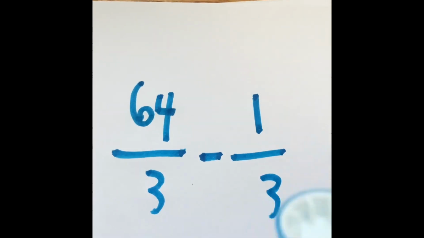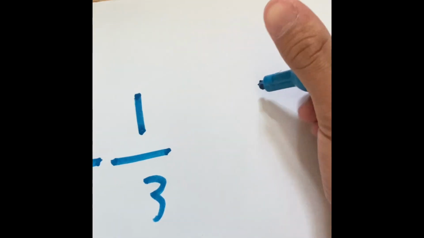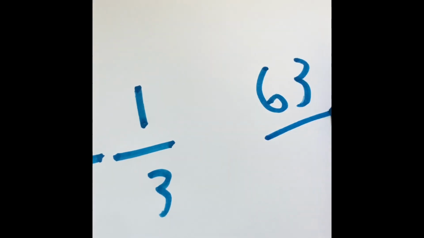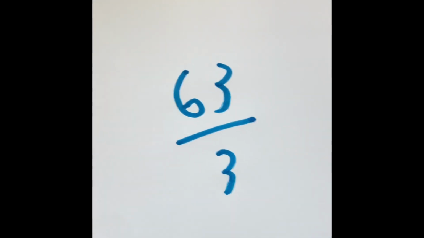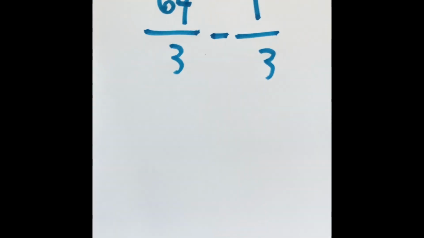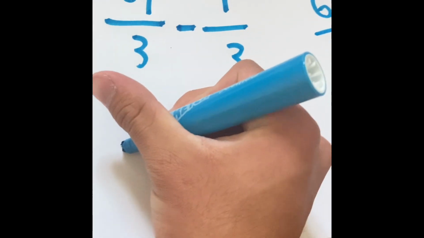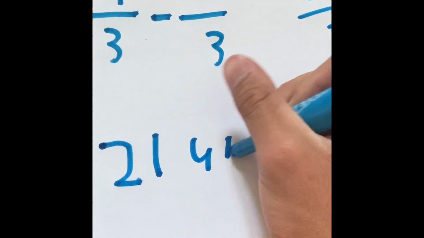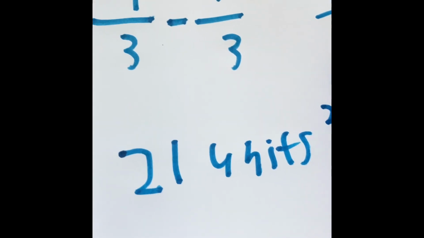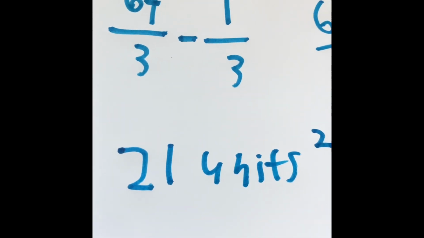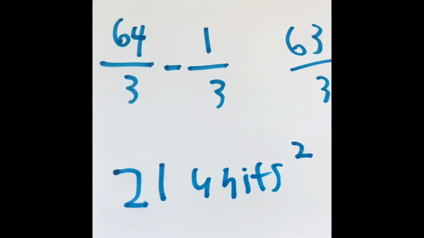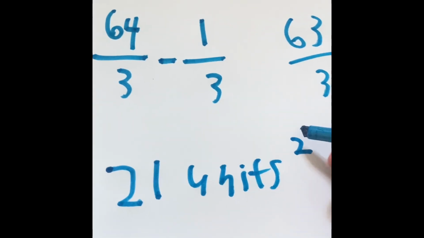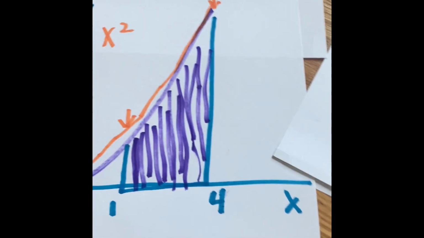Simplify, and when you subtract the two fractions, you're going to get 63 divided by 3. And when you do 63 divided by 3, you get an even answer of 21 units squared. We say units because we never really added inches or feet or meters. But squared because it's a 2D shape on a graph.